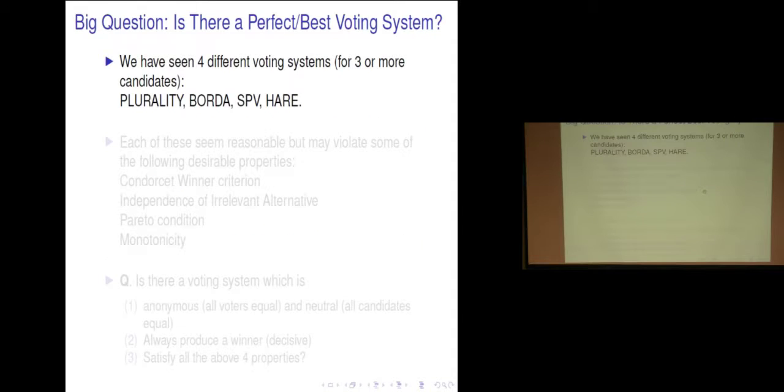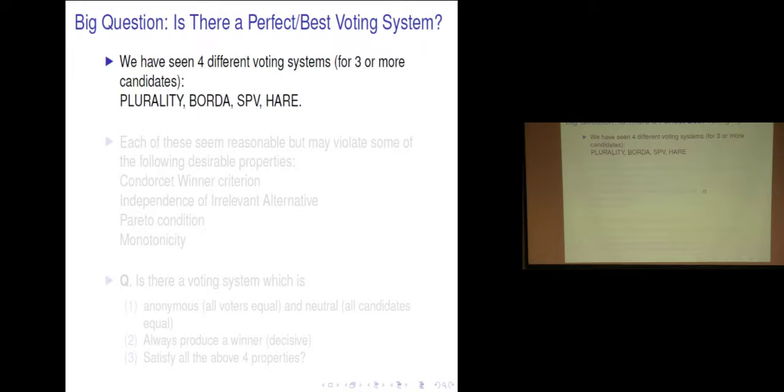Okay. So now we have seen 3 more voting systems, right? On Tuesday we saw plurality, so we have seen 4. And also we have seen dictatorship and so on and so forth, right?